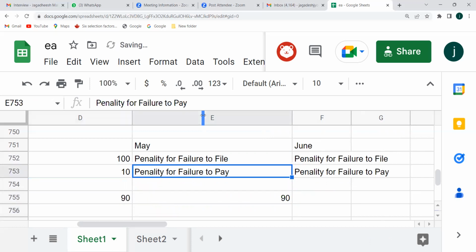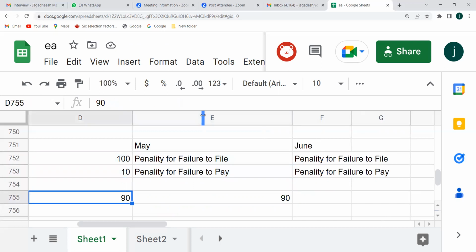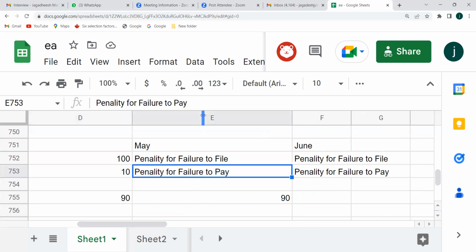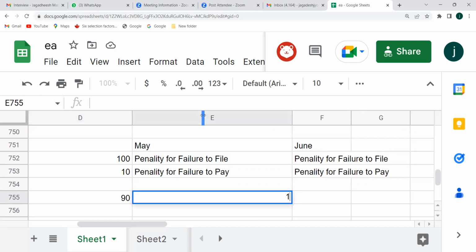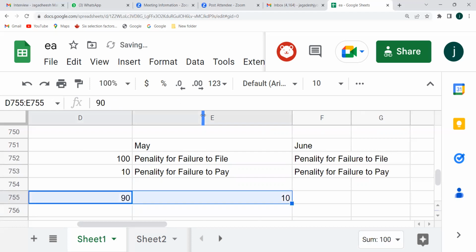The penalty for failure to file will be reduced by the penalty for failure to pay. So this 10 will be the same, and the 100 will be reduced by 10. So we need to pay 90 here. So 90 plus 10, totally 100 we need to pay. Clear?